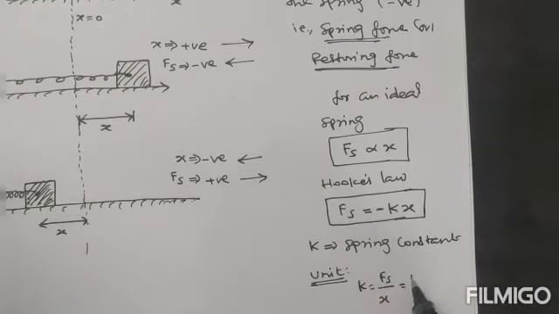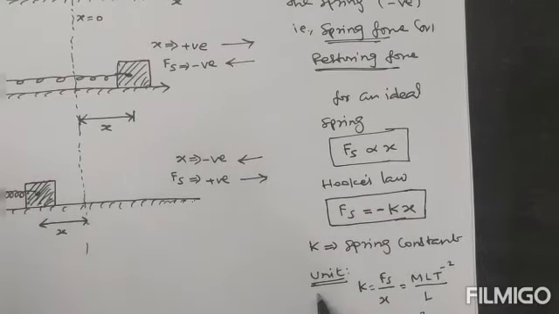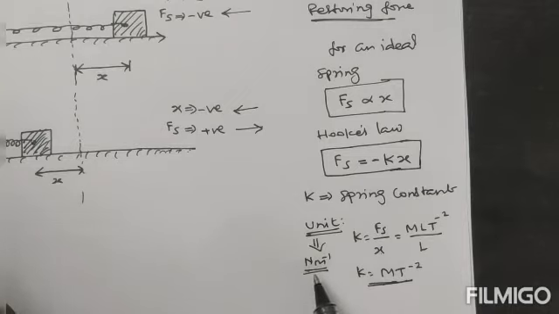Force is MLT^-2 and displacement is L, so the dimension formula is MT^-2. The unit is newton per meter.